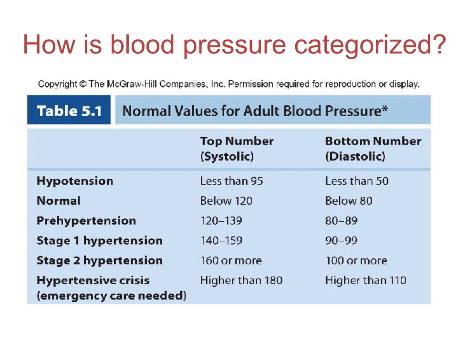Normal systolic pressure, the top number, is below 120. So I would say 100 to 120 is roughly normal systolic pressure. Normal diastolic pressure is under 80, so somewhere around 50 to 80 is normal. So 120 over 70, or 110 over 70, is a pretty typical blood pressure.